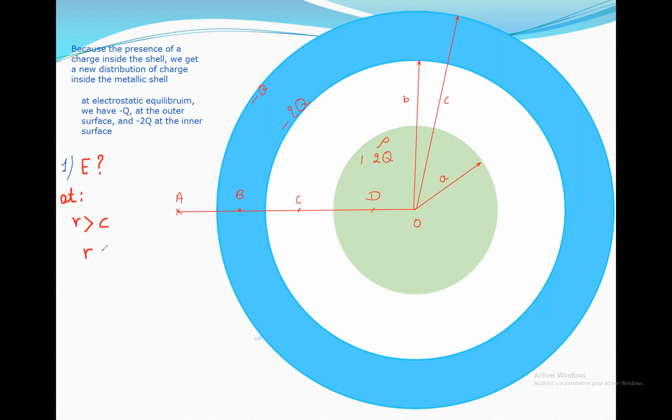The second zone, at the point C, R is between A and B. And last, the point D, R is between 0 and A. I have to find the electric field at any point in these regions. First of all, let's start with the first one, this one.